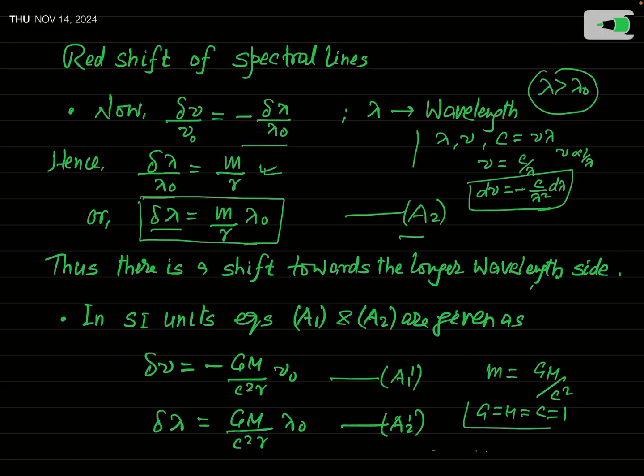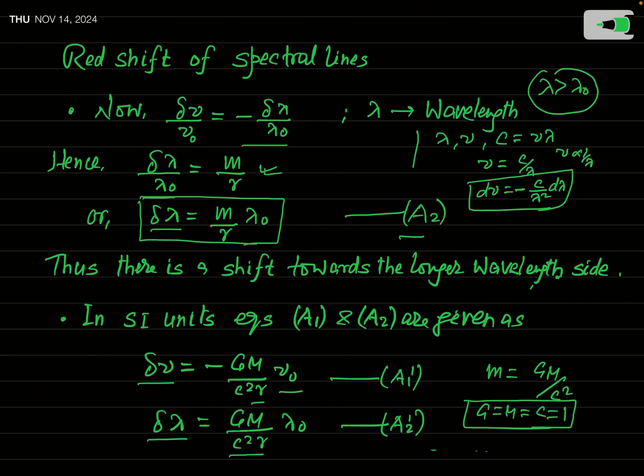In gravitational units, as relativistic units, we consider it so. But in SI or MKS units, this small m is equal to Gm over c square, where capital G is the universal gravitational constant and c is the speed of light. So the expression for delta nu will be minus Gm over c square R times nu naught. And delta lambda will be equal to Gm over c square R times lambda naught.